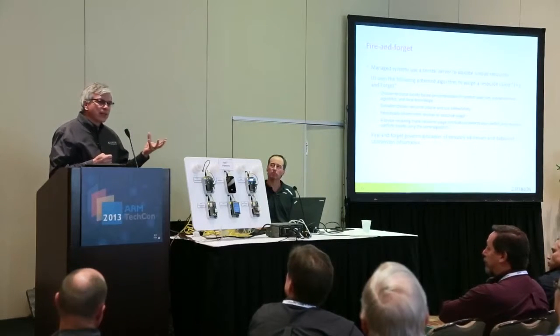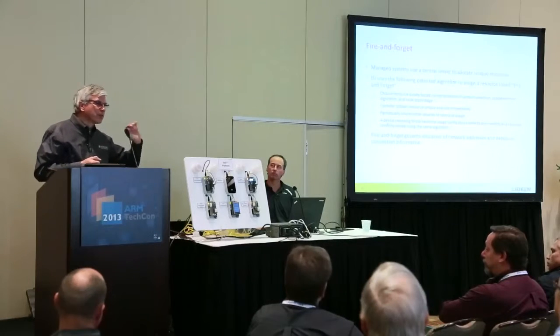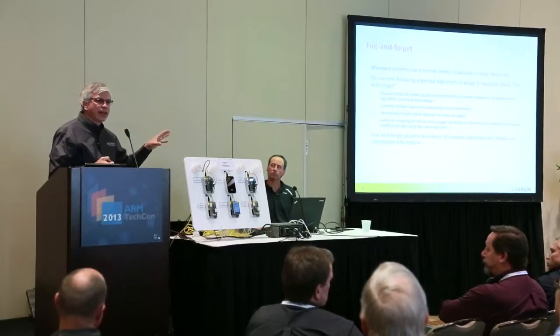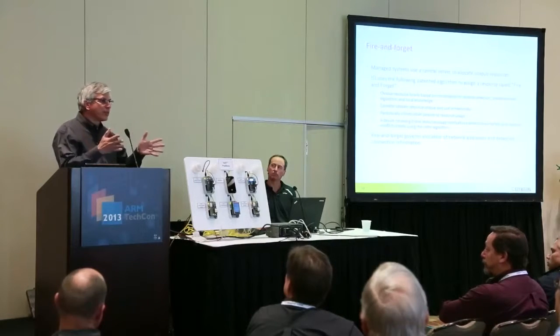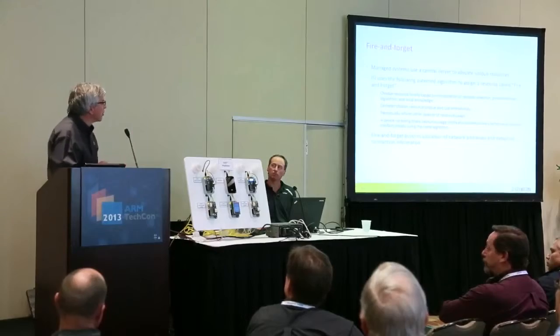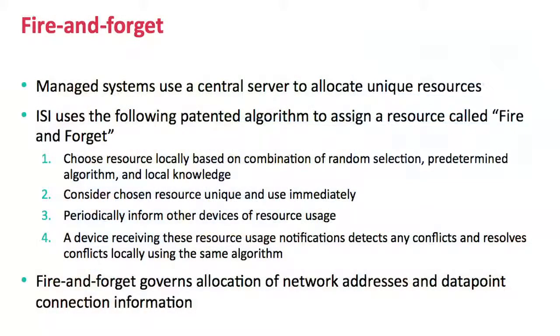And so the way it gets that unique address is it just picks one randomly. So it doesn't go to some central server. There's no special DHCP server or anything like that. The device picks the resource itself. It picks an ID, and it just broadcasts that information saying, I'm using this address. And the device assumes it's unique at that point. Now, since it is random, it's not necessarily unique, but it assumes it's unique.